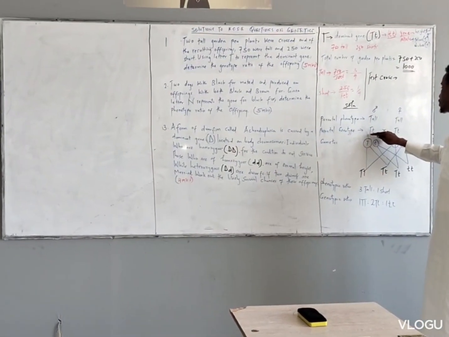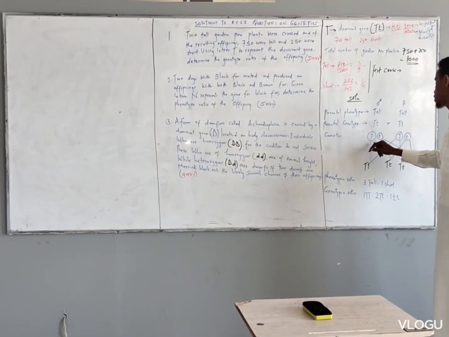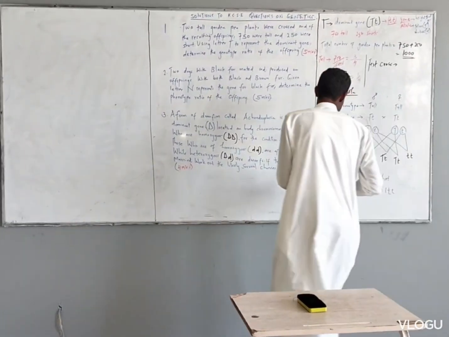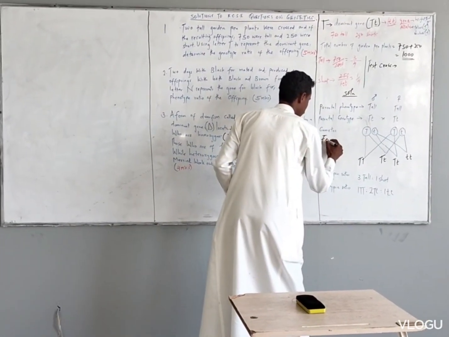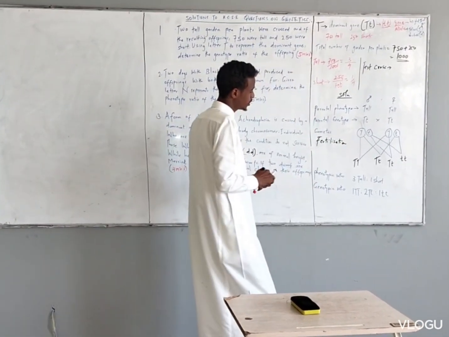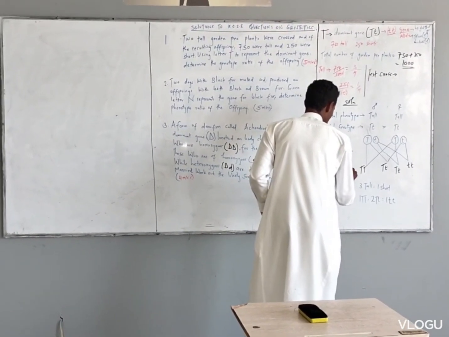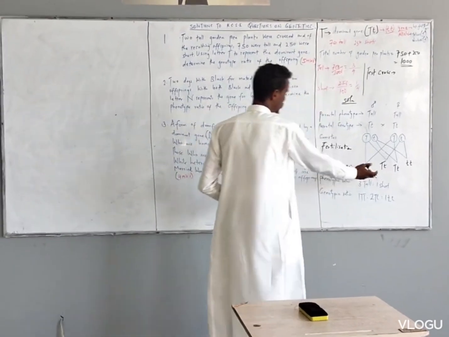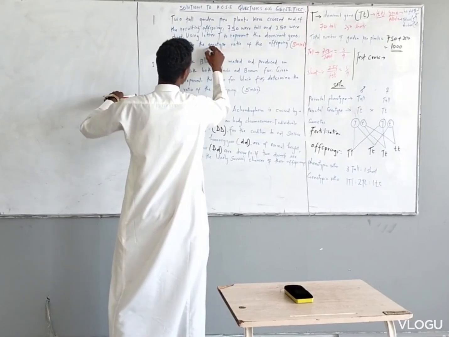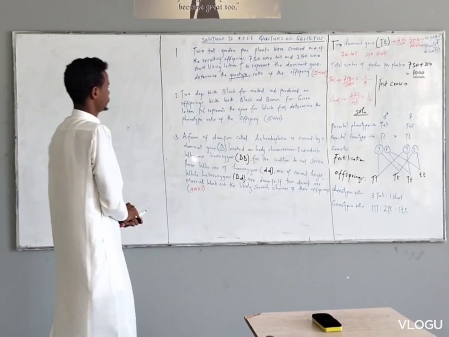Parental genotype: heterozygous tallness, Tt. Gametes: T, t. Now, this is called fertilization, and these are the offspring, and we got the genotypic ratio of the offspring.